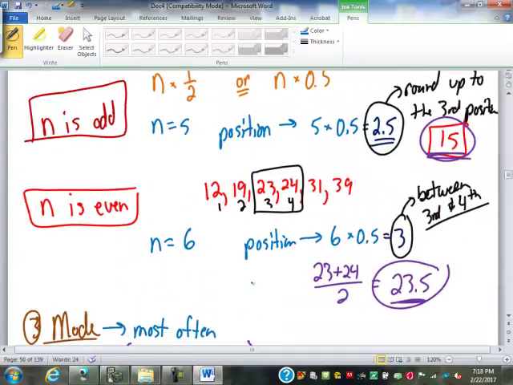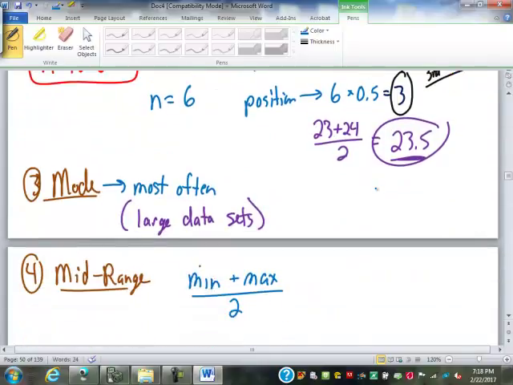So if I was looking at this set here, 12 plus 39 divided by 2. So that'd be 51 divided by 2, which is 25.5. The mid-range is not a very good measure of center. You see it came out to be pretty different from the median for that set.